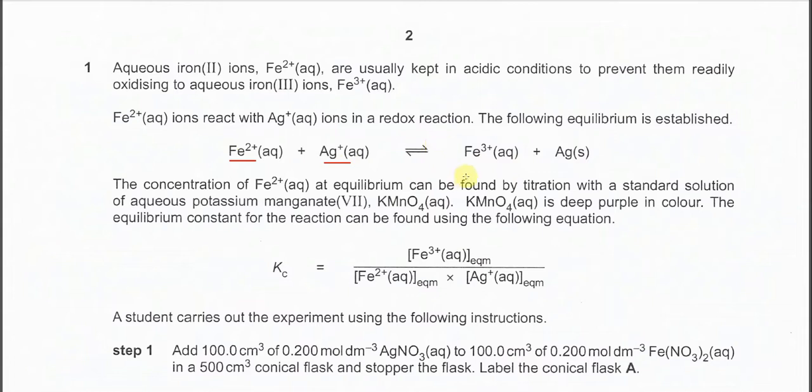So the Kc we can calculate using the concentration of the iron 3, the iron 2 and the silver ion. The silver particles that form are a solid, so we normally don't put the solid into the Kc.